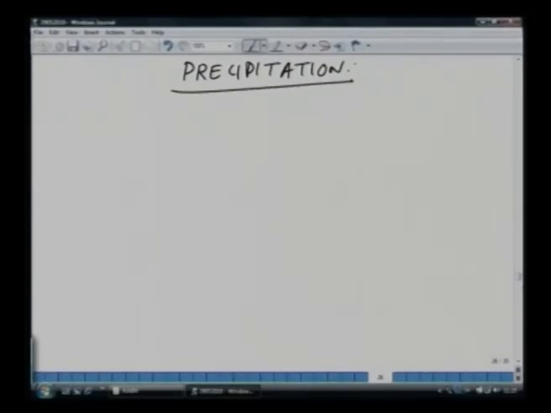So, we will start out with precipitation and introduce the concepts or the mechanisms that are required for the formation of precipitation. In this topic, we would look at different forms of precipitation, formation of precipitation, and then its measurement and data analysis. Okay. So, first thing we would look at is the formation.